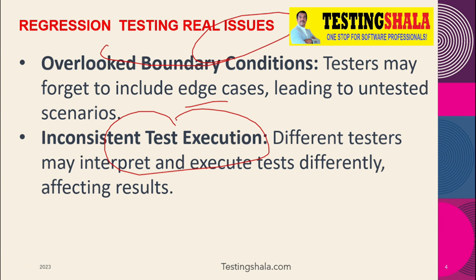It may happen that multiple testers execute this regression testing, and if our test cases are not accurately written, or if you do not know the expected results, every tester will interpret them in a different manner, execute the test cases in a different manner, and we may get different results as well. That is also a critical issue in regression testing. Because of that, you should have consistency in test execution as well.